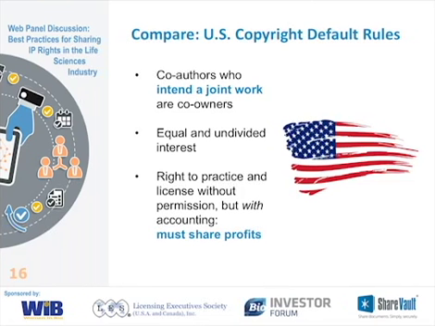Still the equal and undivided interest in the copyright. And each owner has the right to practice and to license without permission. But here's the twist. The co-owners have accounting obligations to each other. So if one of the owners makes money off of their rights, they have an obligation to share profits with the other owners.